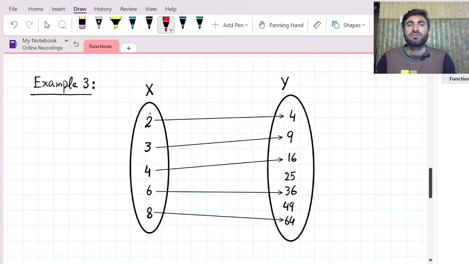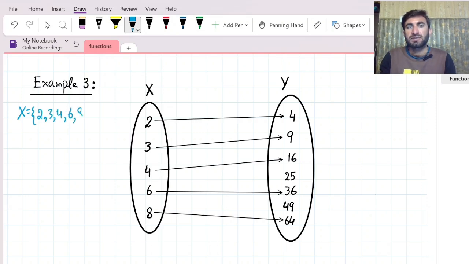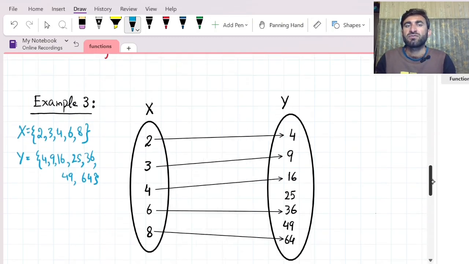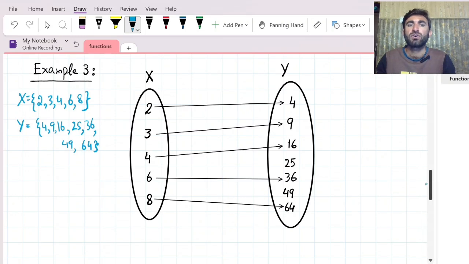Another one, like we have two sets, the set X have elements 2, 3, 4, 6 and 8, while the set Y comprise of elements 4, 9, 16, 25, 36, 49 and 64. So these are the two sets. Now check the criteria of the function. The first condition was every element of first set must have an image in the second set, and that is correct.